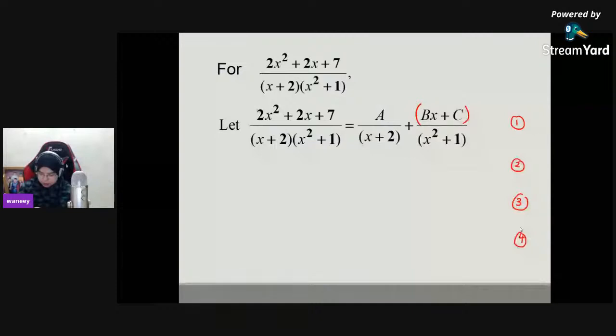A 11/5. C apa tu? 12/5, B negative 1/5. 11/5, 1/5, 12/5. So Dira dengan Irina lebih kurang, cuma bezanya plus dengan minus je kan untuk B tu.